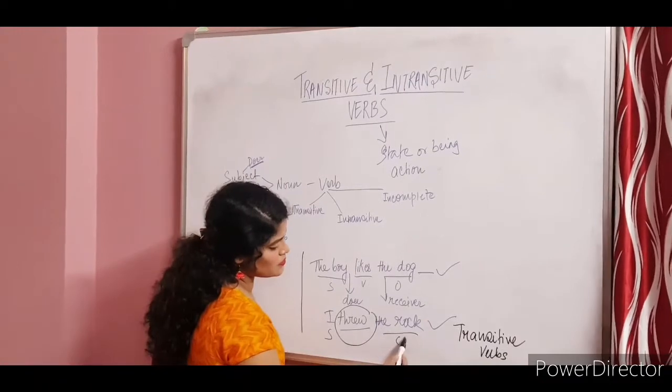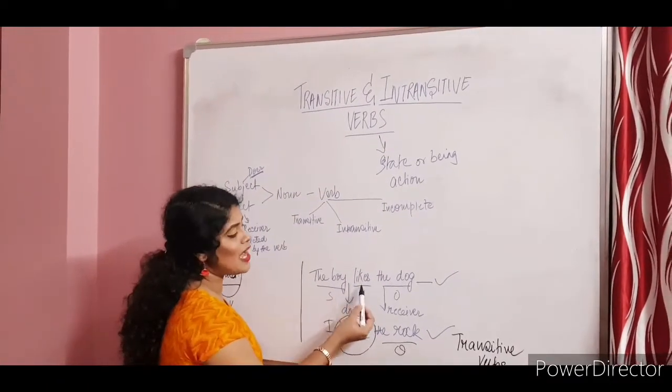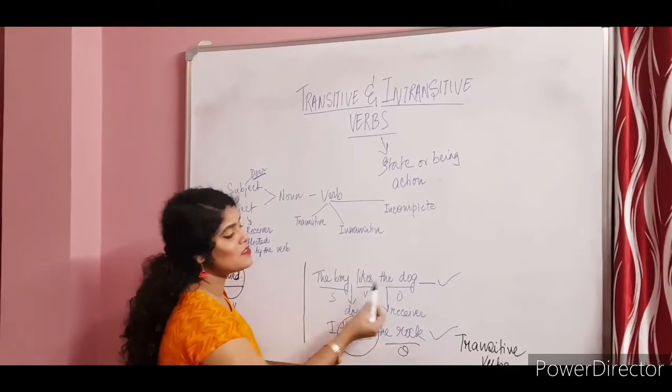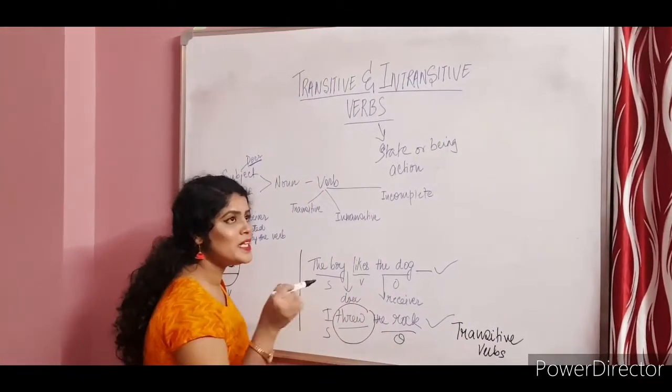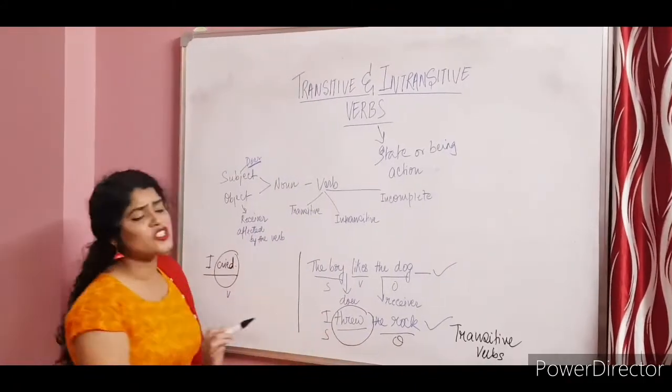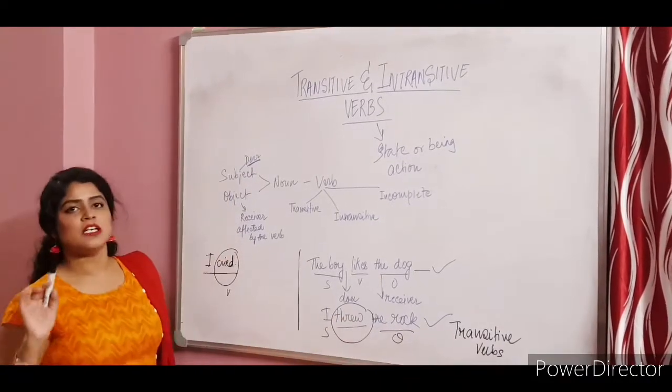This is the subject, this is the object. The action that the subject is doing is transferred to the object, the receiver. This object in these two cases is being affected by whatever action the subject is doing. So that's why they are known as transitive verbs.